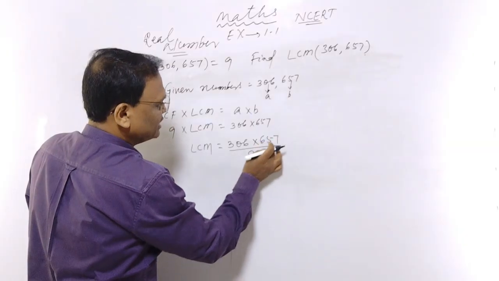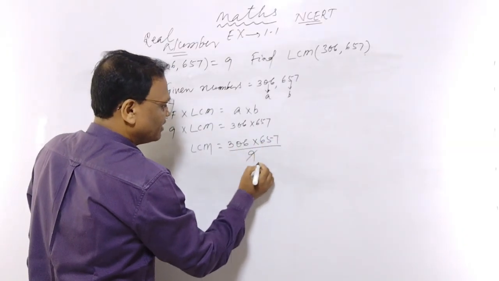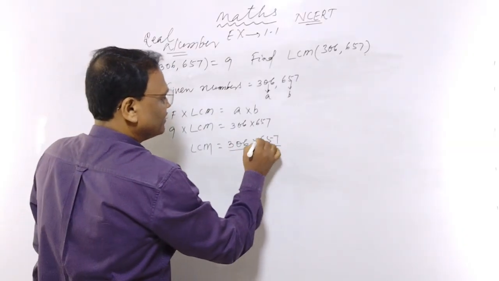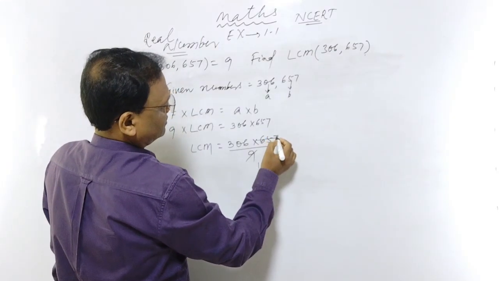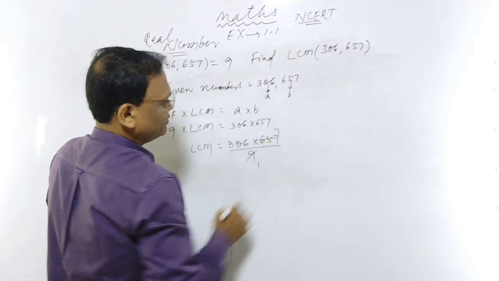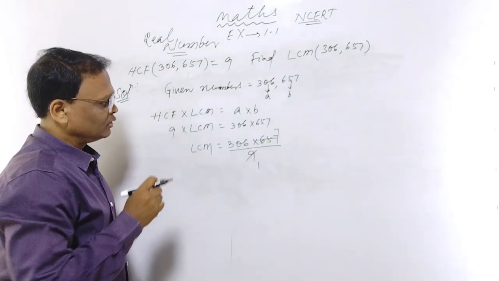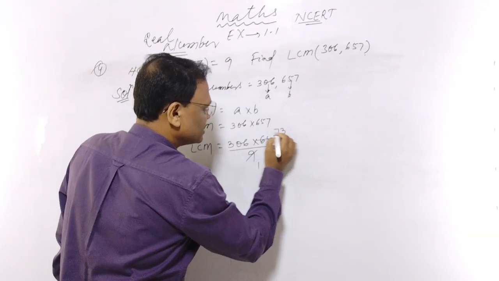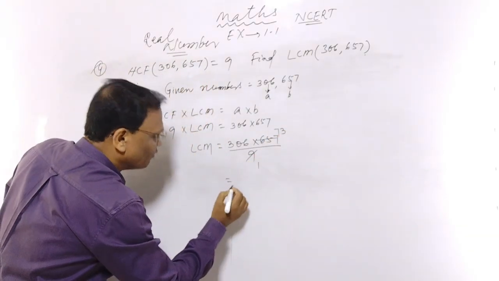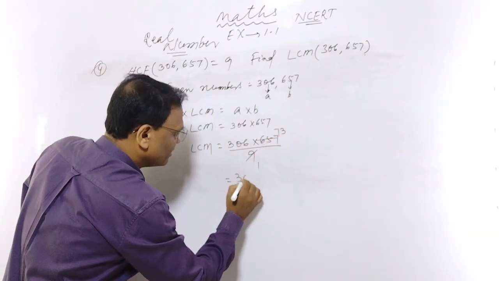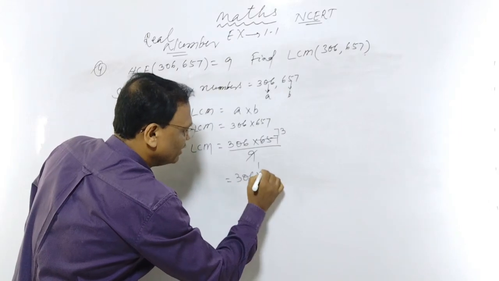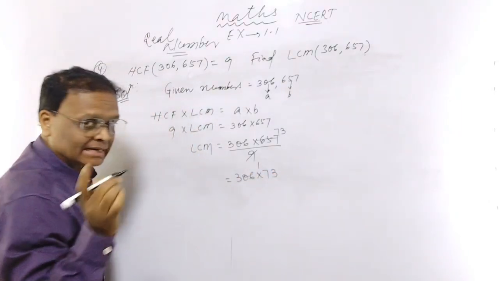You can do 9 by this one or 9 by this one, no problem. 9 ones are 9, 9 sevens are 63, 9 threes are 27. So therefore, what am I getting? 306 into 73. That is your LCM.